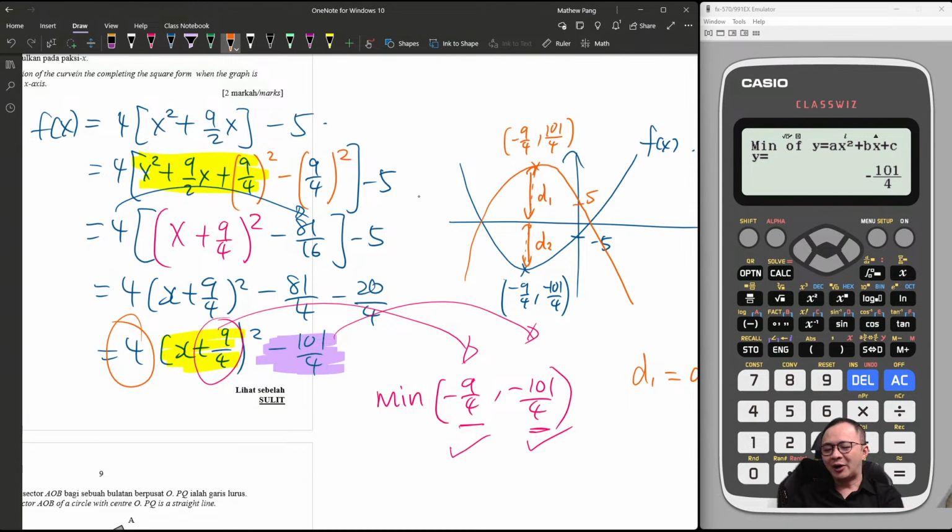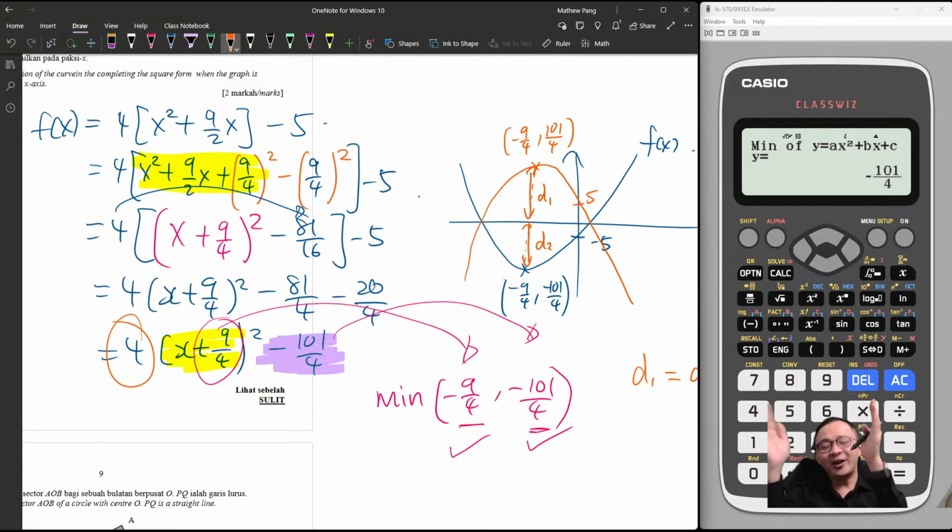I want you to know the 4 here is in charge of the shape of the U. Of course, when you add a negative, the U opens the same distance, but reflects and becomes an N. If I make the 4 bigger, say 5, 6, 7, 8, 9, 10, the U will open smaller, closer to the y-axis.